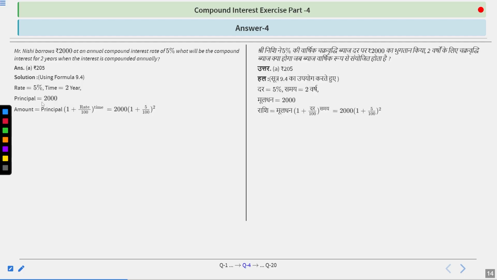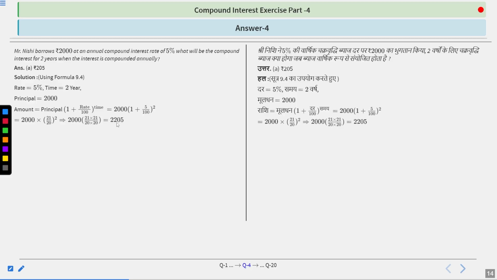Therefore, using formula 9.4, that is amount is equal to principal into 1 plus rate upon 100 whole power time, it becomes 2000 into 1 plus 5 upon 100 whole square. We have put the value of principal, rate and time in the formula. Therefore, it becomes 2000 into 21 upon 20 whole square, that is equal to 2000 into 21 into 21 upon 20 into 20.